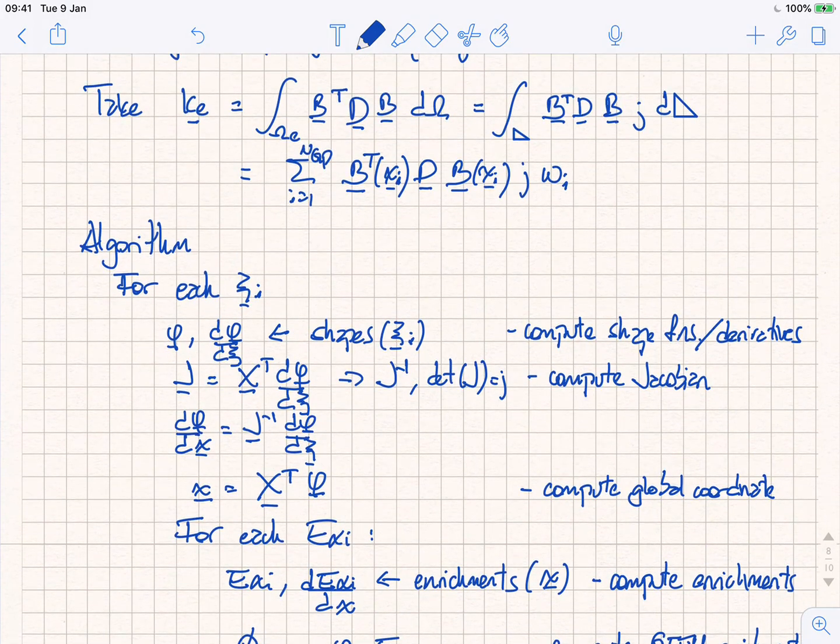So basically, I want to do this computation that you see there. So I only need the B matrix. I don't need to have the vector of shape plus enrichment functions.